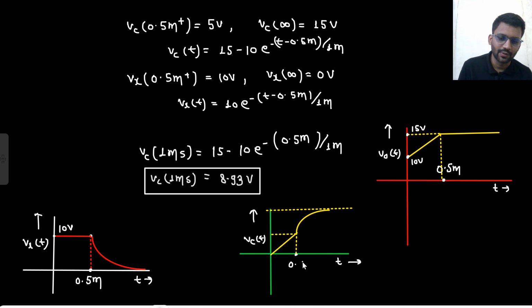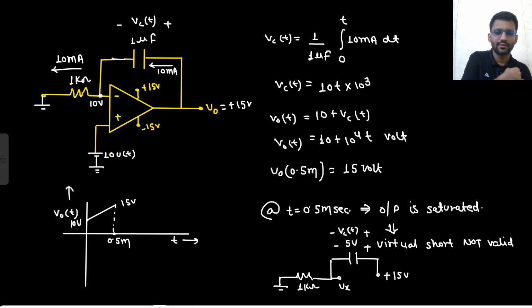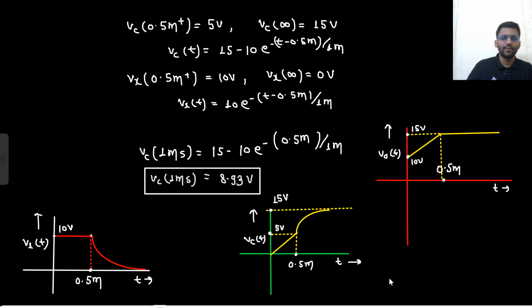This time was 0.5 milli, and it charged to 5 volt. At steady state it will go to 15 volt, right? At steady state this will be open circuit, so this will be 0 and this will be 15 volt only. So this would be the correct waveform.